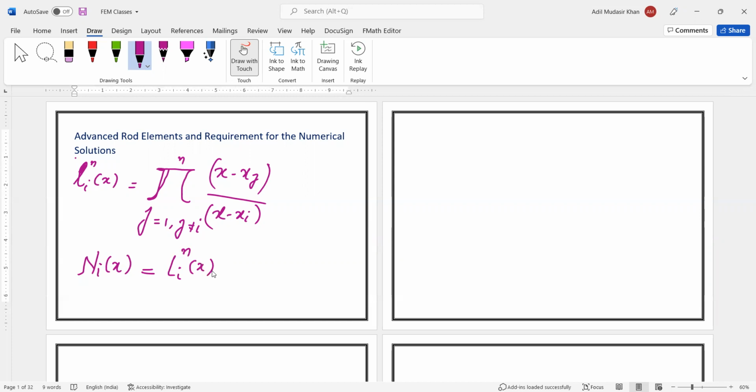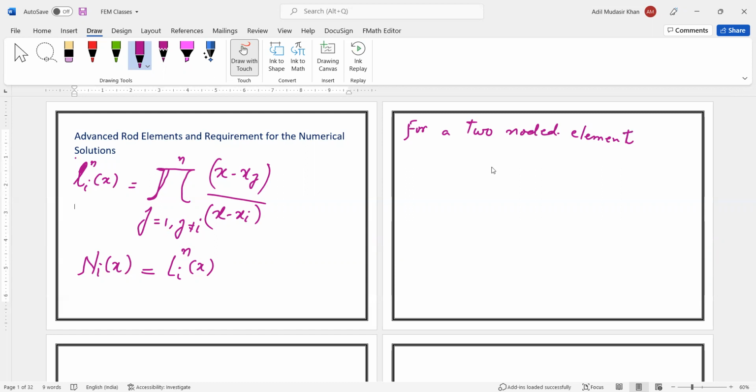For a two-noded element, we can write that our j goes to 2.